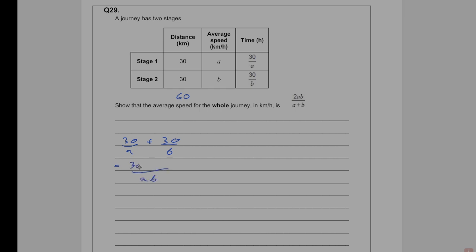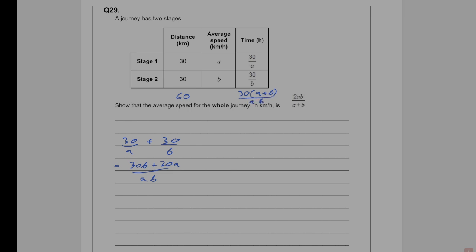So that would give us 30B plus 30A. Right, so the total time is going to be, well, factorize it slightly, 30 lots of A plus B over AB.